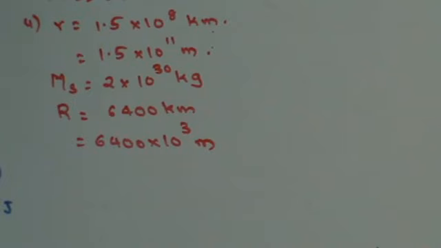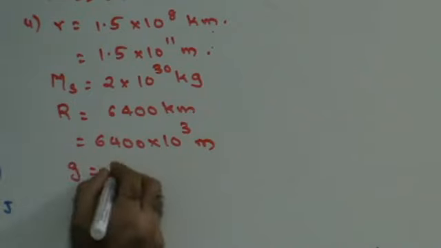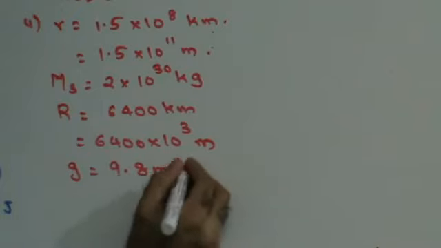They've also given you that g is 9.8 meters per second square.